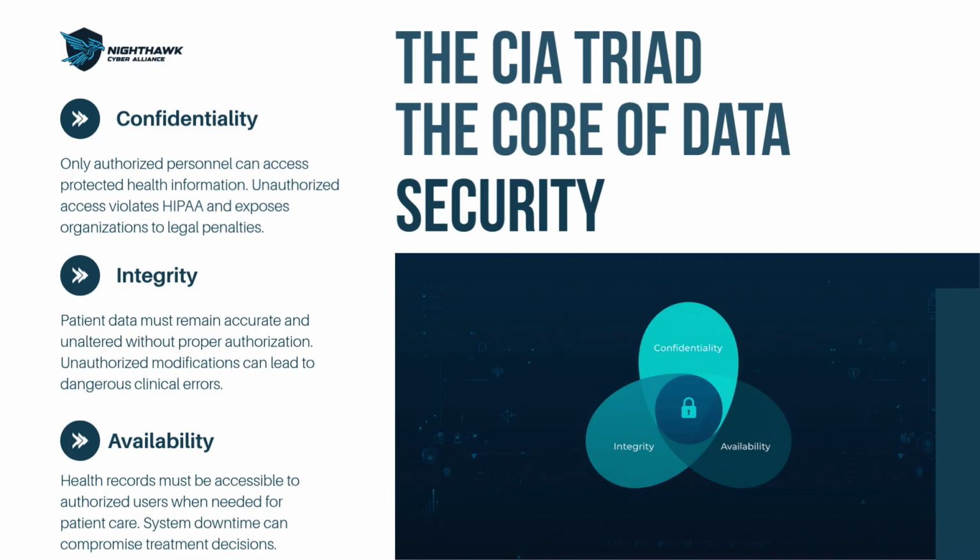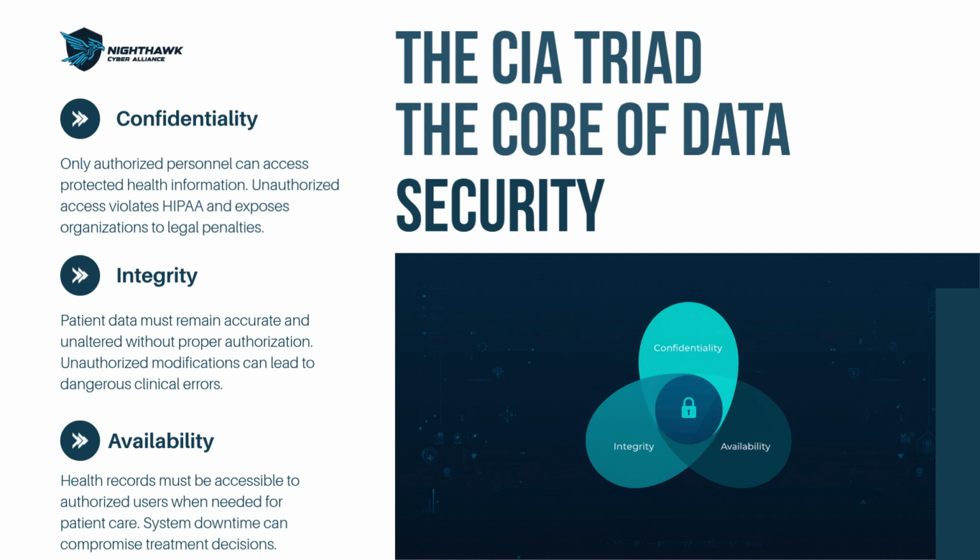The foundation of data security in healthcare is built on three principles, known as the CIA triad: confidentiality, integrity, and availability. Confidentiality means only authorized personnel can access protected health information. Unauthorized access is a HIPAA violation that exposes organizations to serious legal penalties.